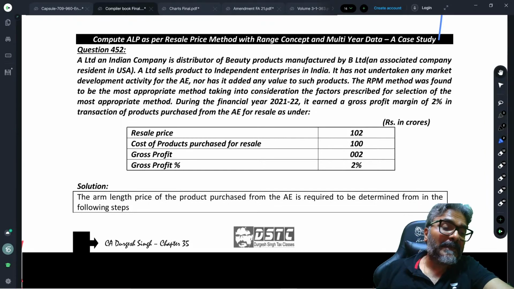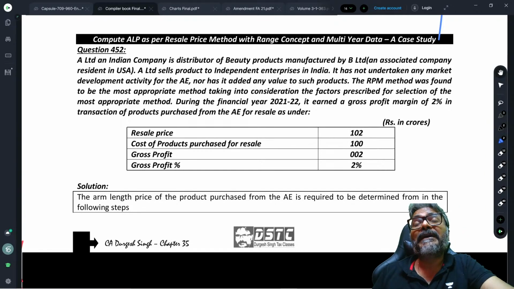If you talk about the comparable uncontrolled price method, it only focuses on the absolute value. Do you agree to this one? The comparable uncontrolled price method is only about the absolute value, and on that absolute value of the comparable, we do the adjustment of the uncommon factors so as to determine the ALP.